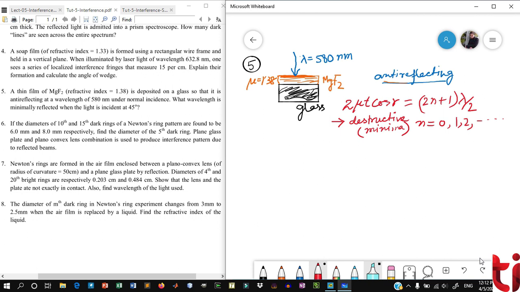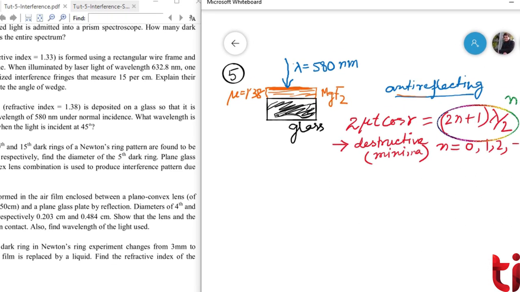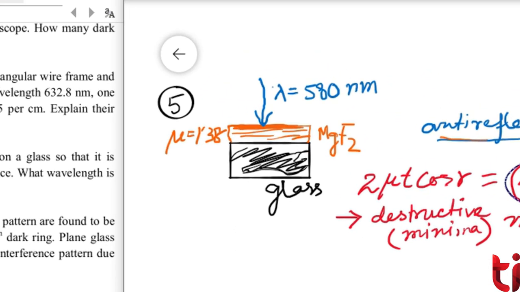Generally you will find for a reflected ray that the minima condition is n lambda, but here I have written (2n+1) lambda by 2. Why is that? What you have to be mindful of is that here this is air, then this is magnesium fluoride, then this part here is glass.